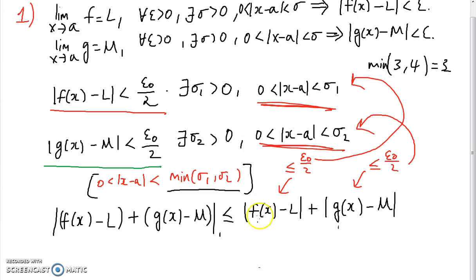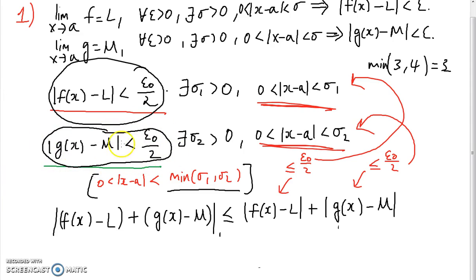So we can ensure that the distance between f(x) and L is less than epsilon 0 over 2, and that the distance between g(x) and m is also less than epsilon 0 over 2, which means that the sum of both of these, |f(x) − L| + |g(x) − m|, is less than or equal to epsilon 0 over 2 plus epsilon 0 over 2, which is just epsilon 0.